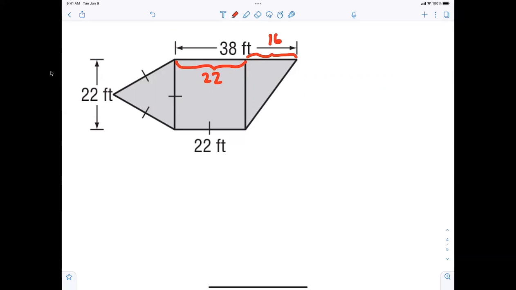And then what's this right here? 22. All right, so what is this length right here, guys? Is that right? Is everybody agreeing? Come on. 11 radical 3. Everybody's good?